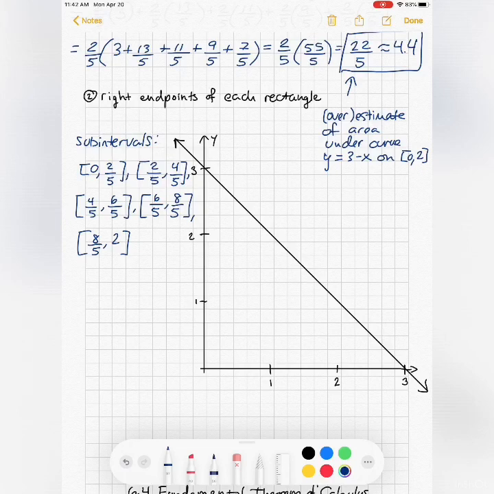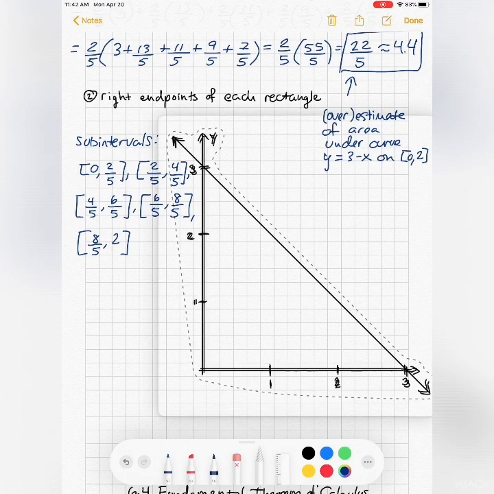Okay, so then let me draw my boxes again. Need to move this guy just a little bit.